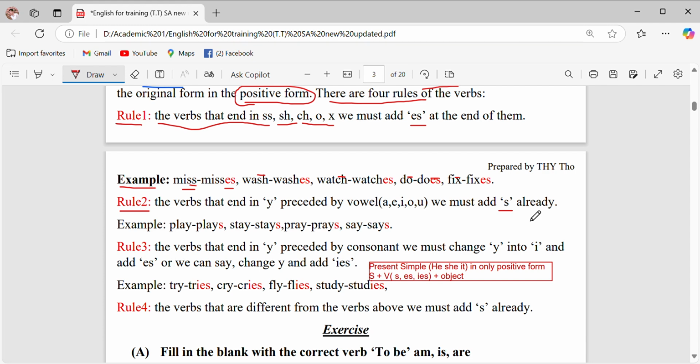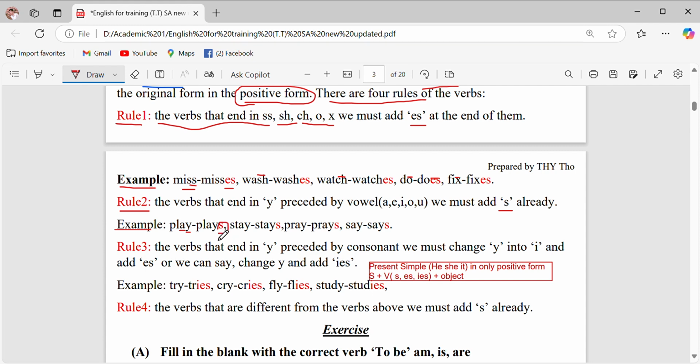Please take a look at the example: play. The verb play ends in y and is preceded by the vowel letter a. So you do not change anything or add es, you just add only s.